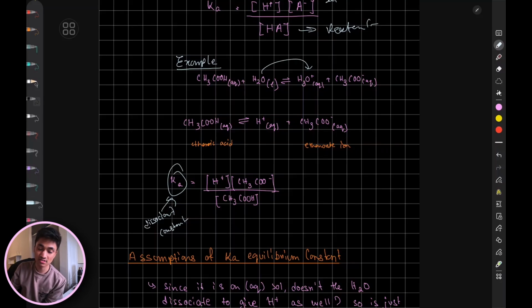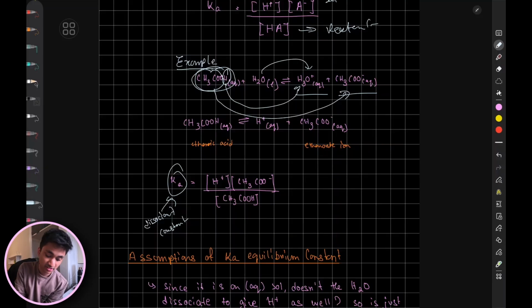Just to let you know, the concentration of H3O plus or the H plus ions is equal to the salt ions. It is going to be exactly equal. Why? Because the H plus came from here, and the CH3COO minus came from here as well.